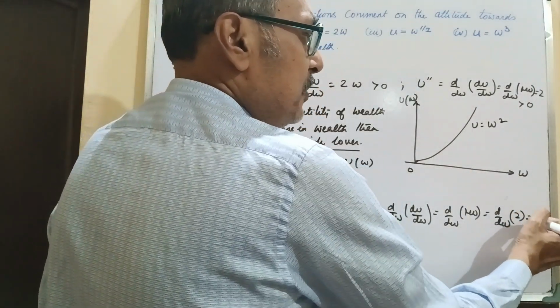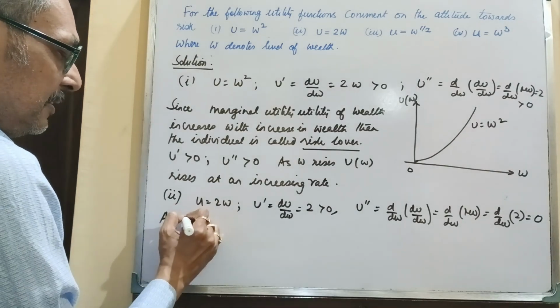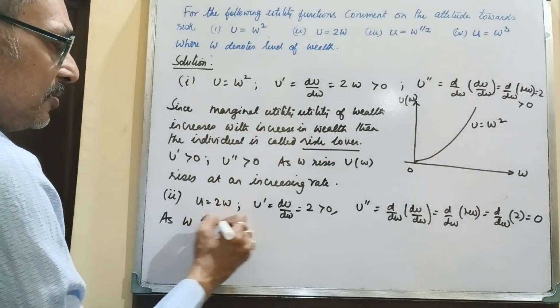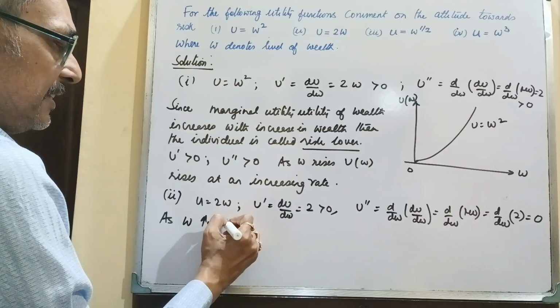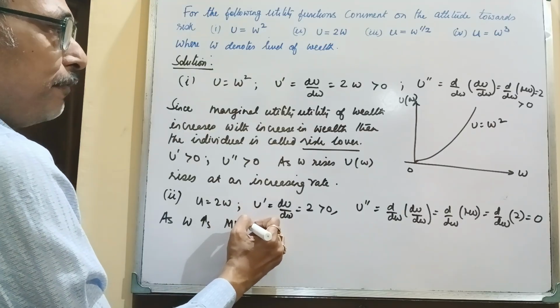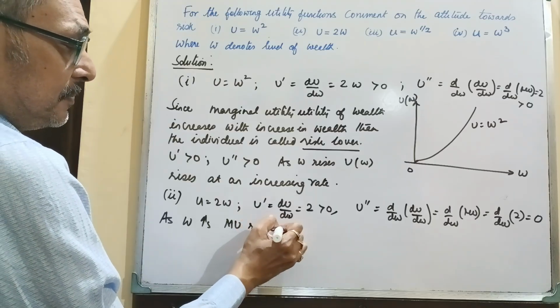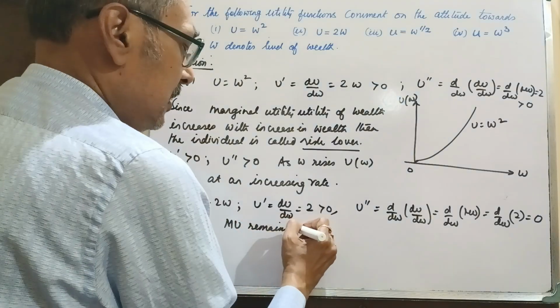Differentiation of a constant term is 0. That means as w rises, marginal utility of wealth remains constant.